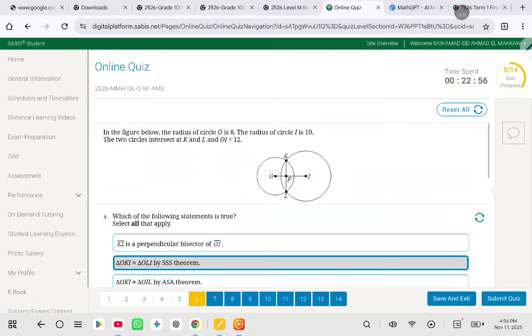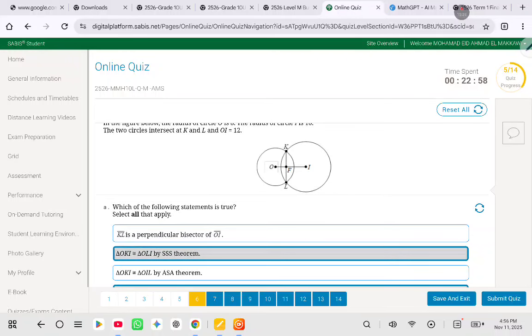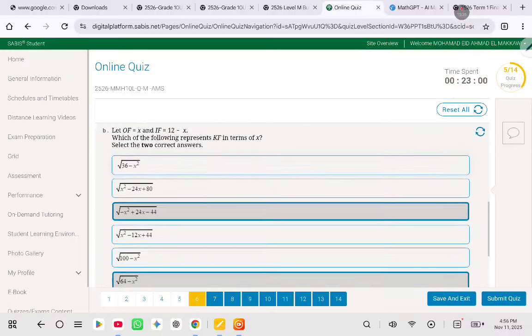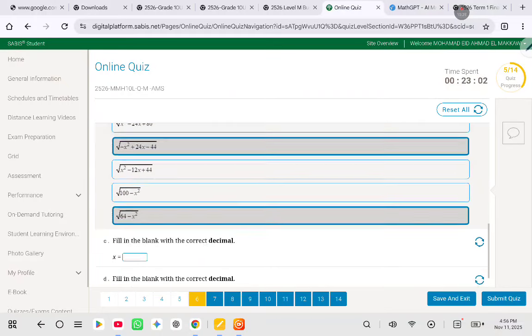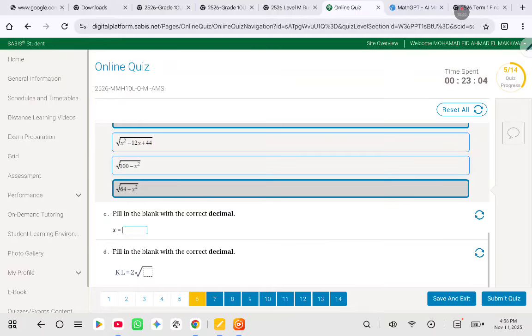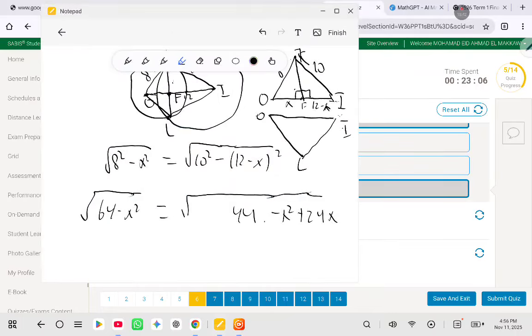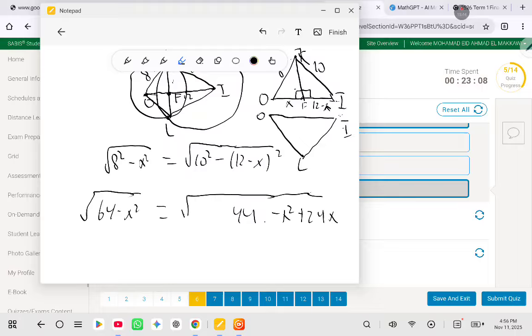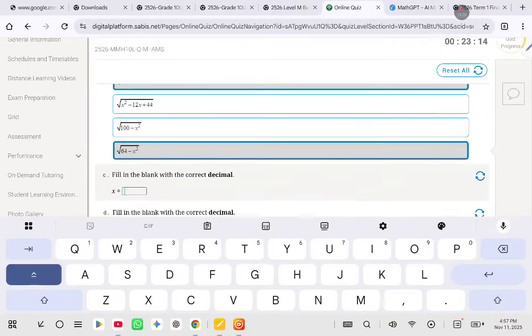Those are the two x's. To get the actual x, you make this equal to that, which is what I did here, and then you put it on your calculator and you should get 4.5.